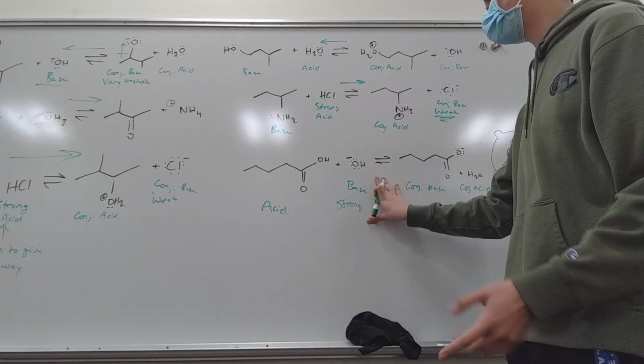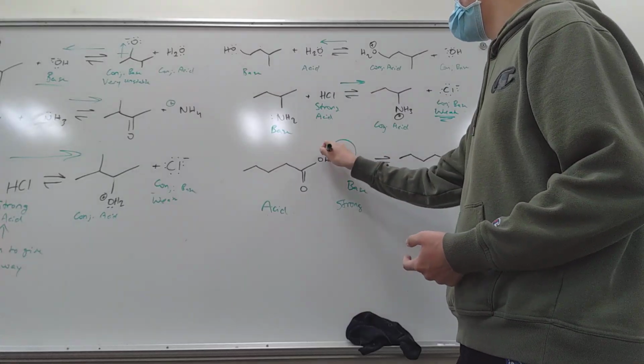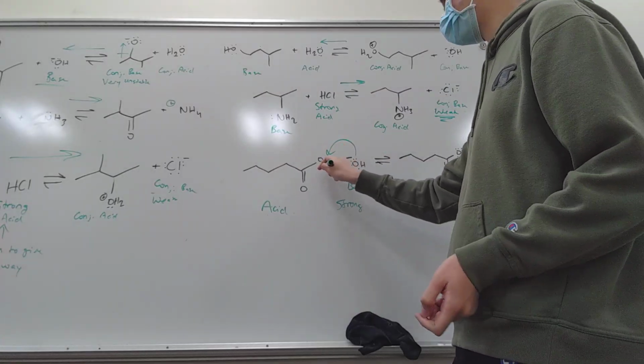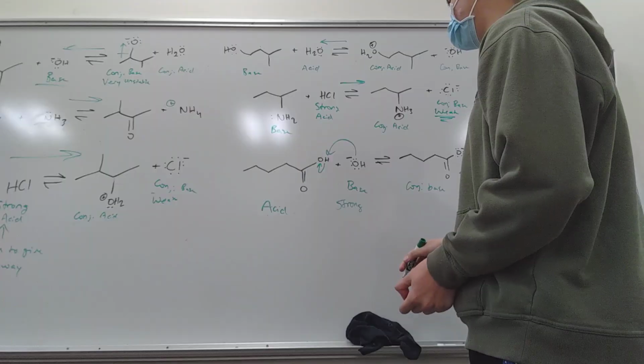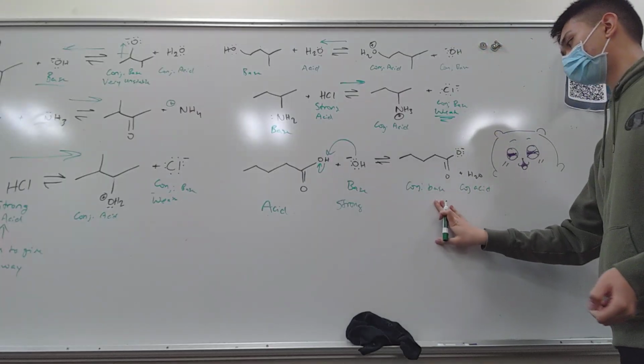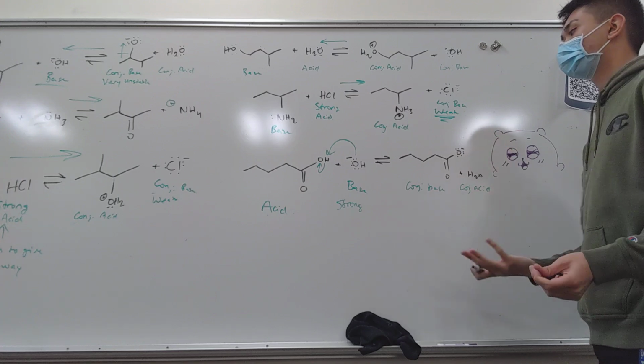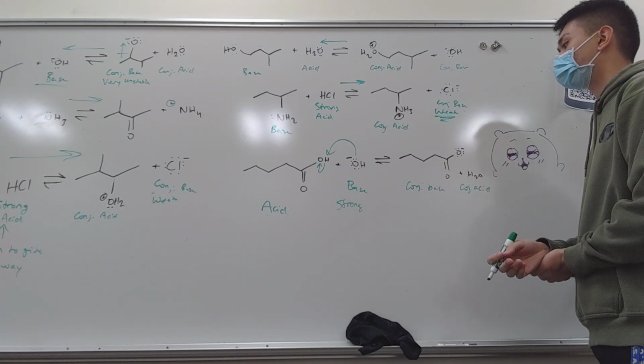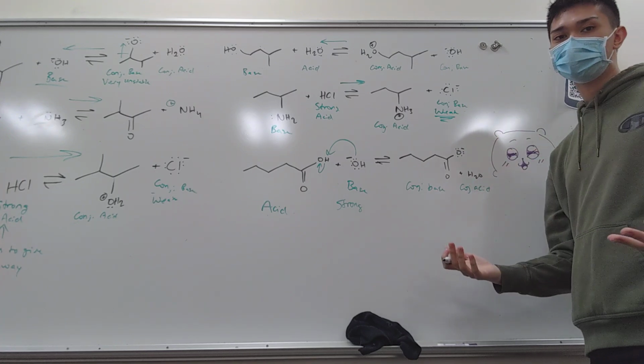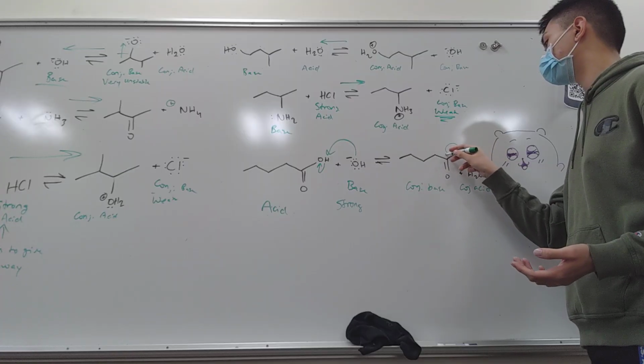So back to this question. OH minus, being a strong base, is going to protonate this carboxylic acid and create this carboxylate. We can see that in the carboxylate here, the oxygen is holding the negative charge, but this oxygen is okay with holding that negative charge because it can do resonance.